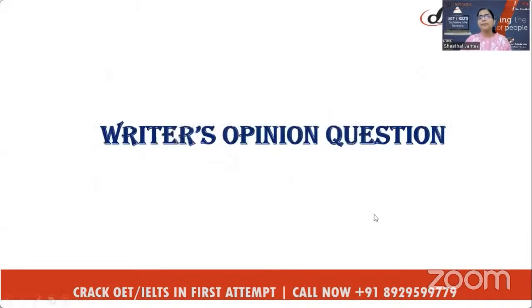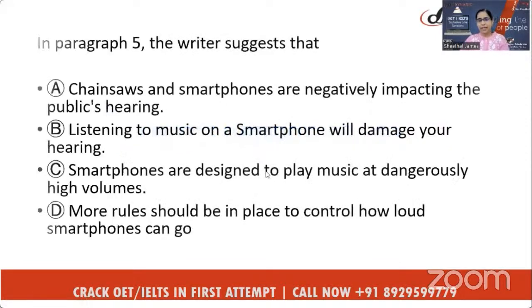Now, let us move on to the fourth type of questions, that is the writer's opinion question. When you read any paragraph, you need to understand the facts. The writer will be mentioning certain facts which you or the writer already know, and based on the known information, the writer will be explaining his or her opinion.